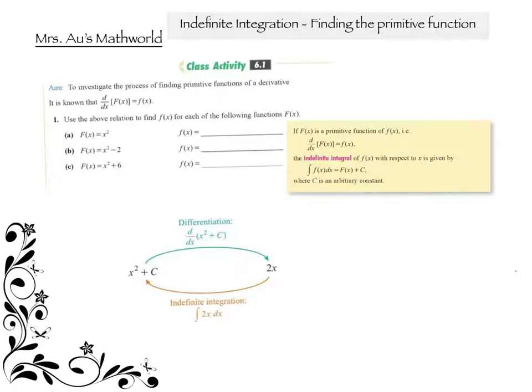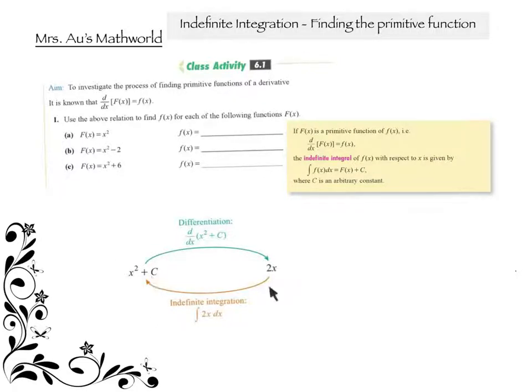Today, we are going to have a look at how to find the primitive function. So do you still remember these questions? For differentiation, we start with a primitive function, and when we differentiate, we get a function here. After we integrate, we get the primitive function again.